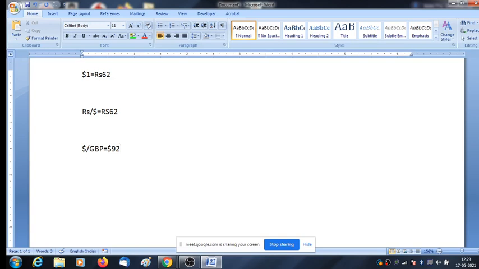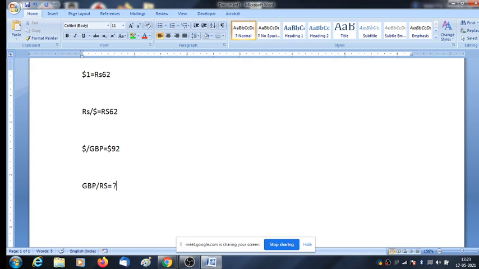Now if I want to have this rate, I need to have GBP per rupees. So this is the question: I need to have this pound in terms of rupees.